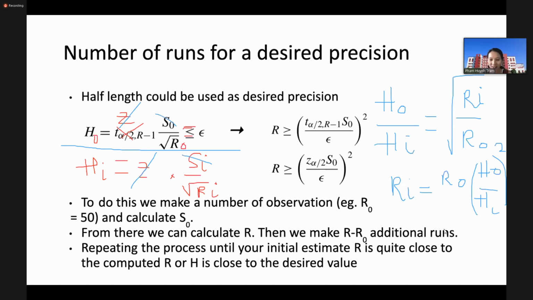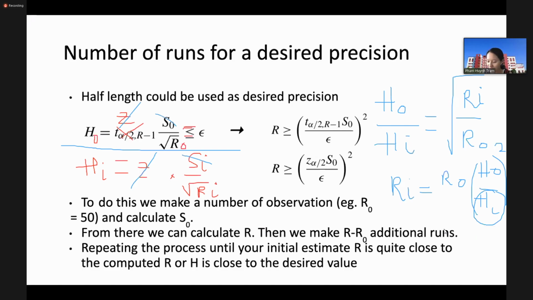Okay, so how can we use this equation? The R0 is the initial replication that you run, and H0 is the initial half width that you have. The Hi is what you want here.